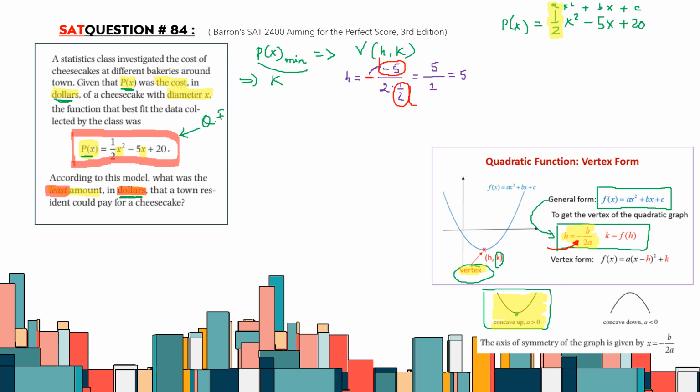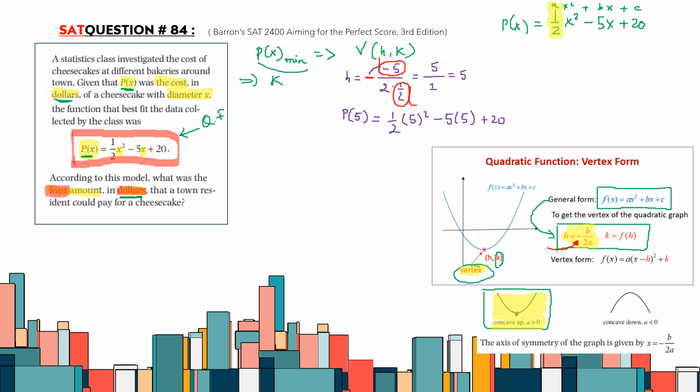Now after we find h equals 5, we plug in P of 5. It's 1/2 times 5 squared minus 5 times 5 plus 20.